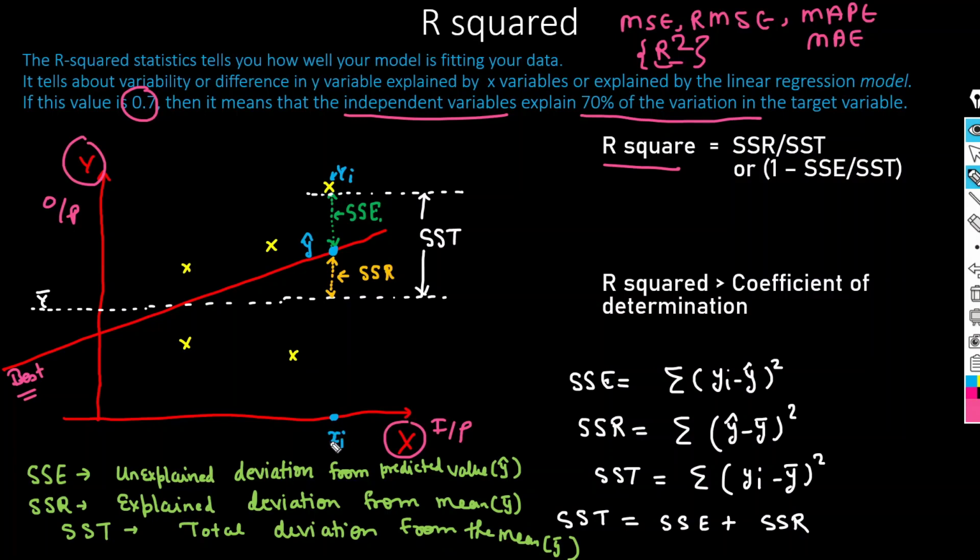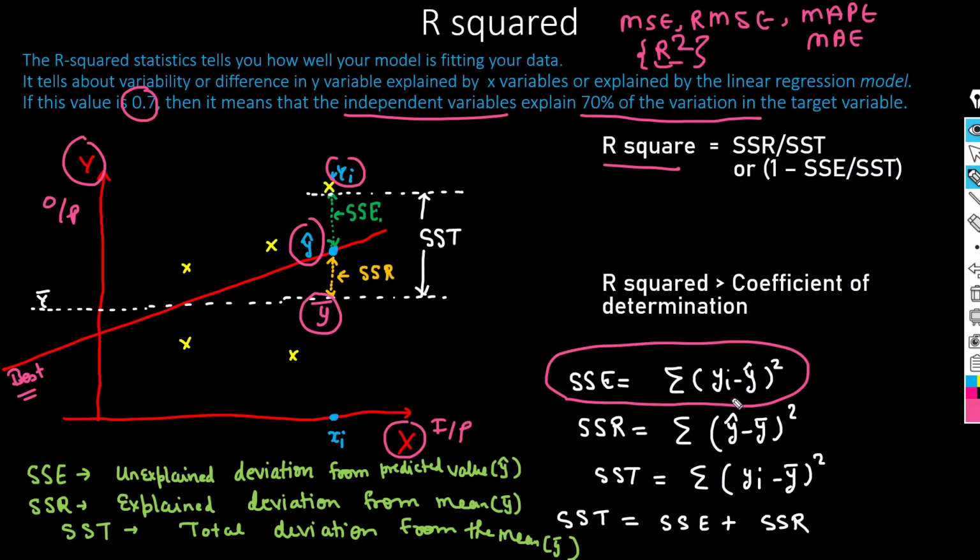If I want to check the predicted value at any point xi, our predicted value would be your y hat, and this is your actual value, this is your predicted value, and this is your mean value. So the difference between the actual value and the predicted value is called SSE, sum squared error, that we denote with this.